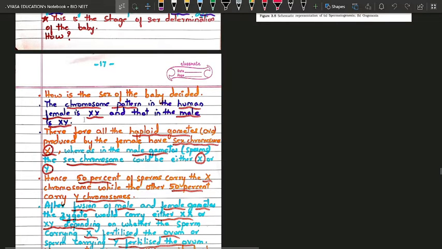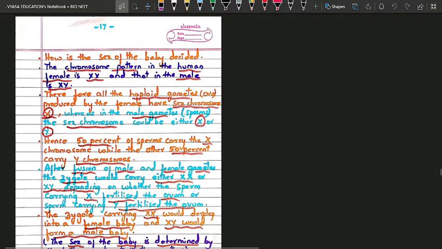The chromosome pattern in the human female is XX, and that in the male is XY. Therefore, all the haploid gametes, that is the ova, produced by the female have the sex chromosome X only. Whereas the sex chromosomes of the male may be X or Y. Hence 50% of the sperms carry the X chromosome while the other 50% carry the Y chromosome.